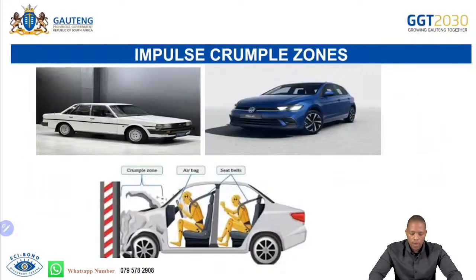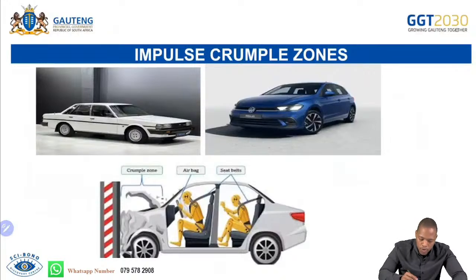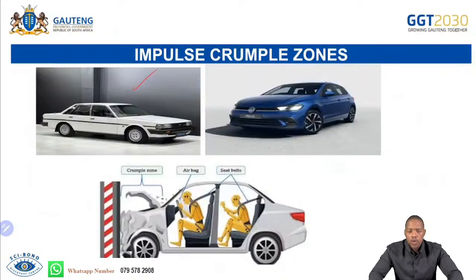Okay. This again takes me back to my cars. Impulse, crumple zones. We used to have an old Toyota Cressida, which was rigid, very tough. You can lean against it. Even if it was involved in an accident, it was easy to fix because it does not crash or break as much.